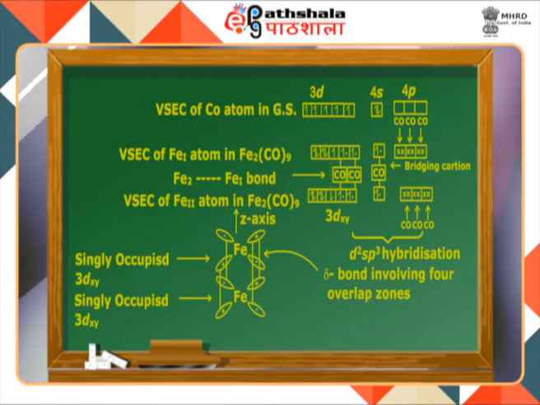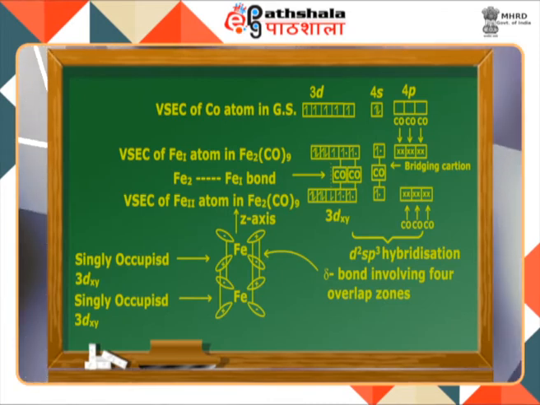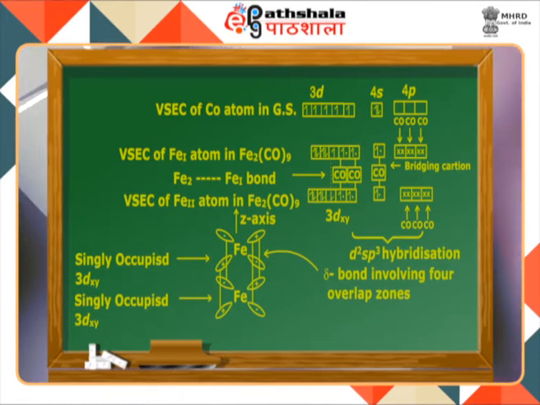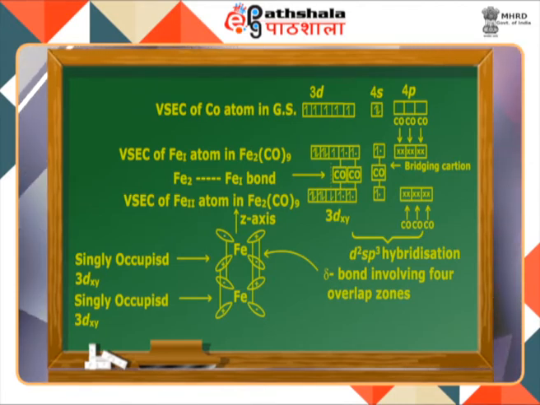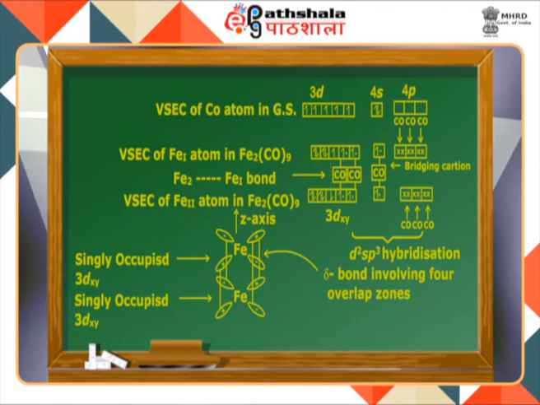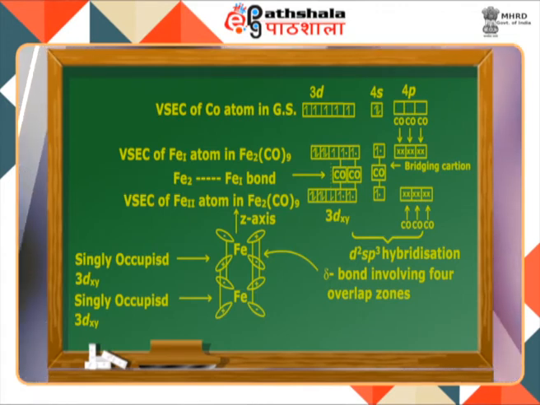The carbon atom forms two sigma bonds with the neighboring two metal atoms. This bond is formed by the overlapping of the singly occupied sp2 hybrid orbital of the carbon atom and the singly occupied hybrid orbital of the metal atom.